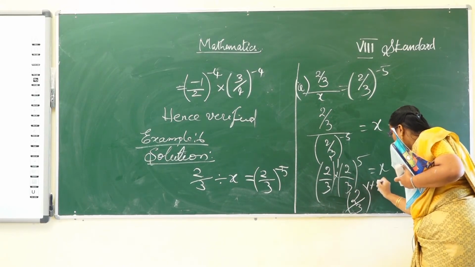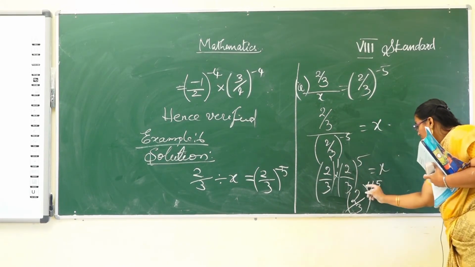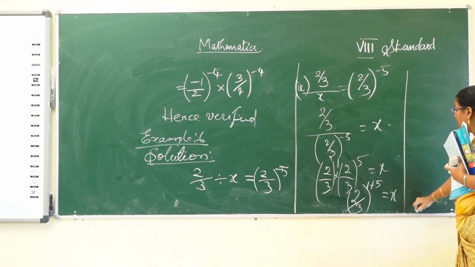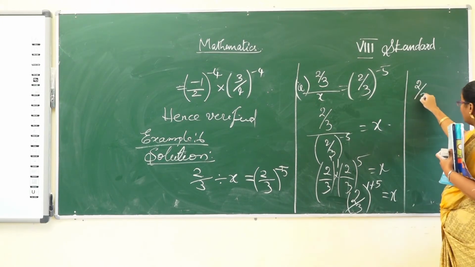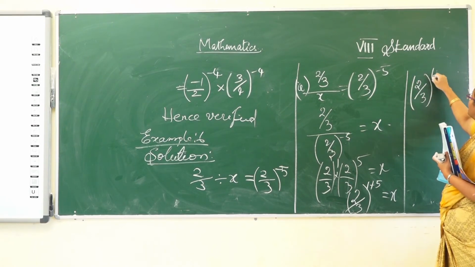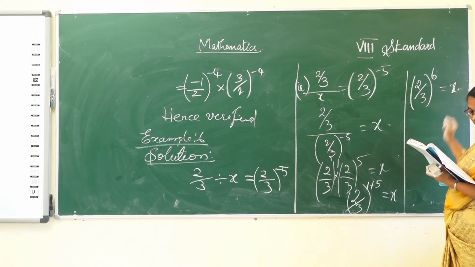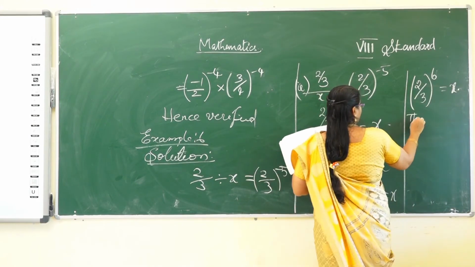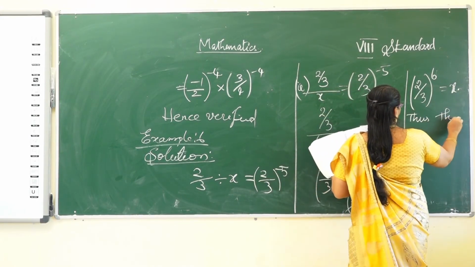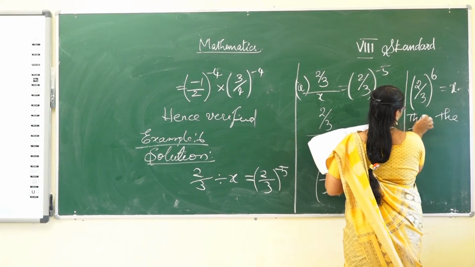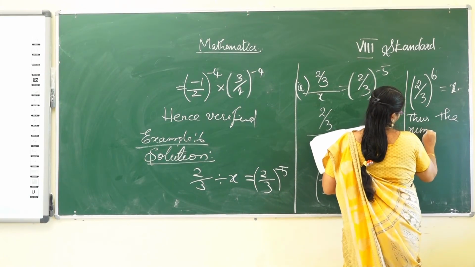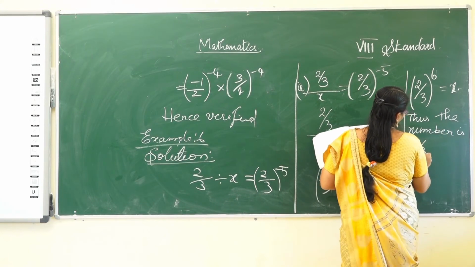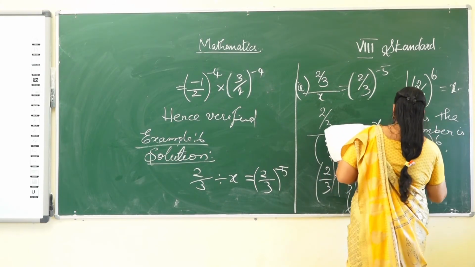The powers will be added in the product rule. So 1 plus 5 is equal to x. So (2 by 3) the whole power 6 equals x. Thus the number is (2 by 3) the whole power 6.